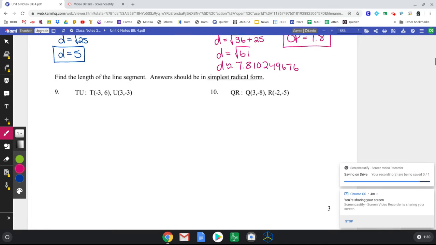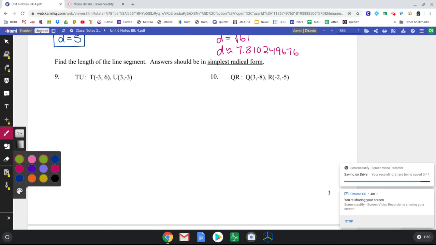Number 9. My distance formula, the square root of delta x squared plus delta y squared.